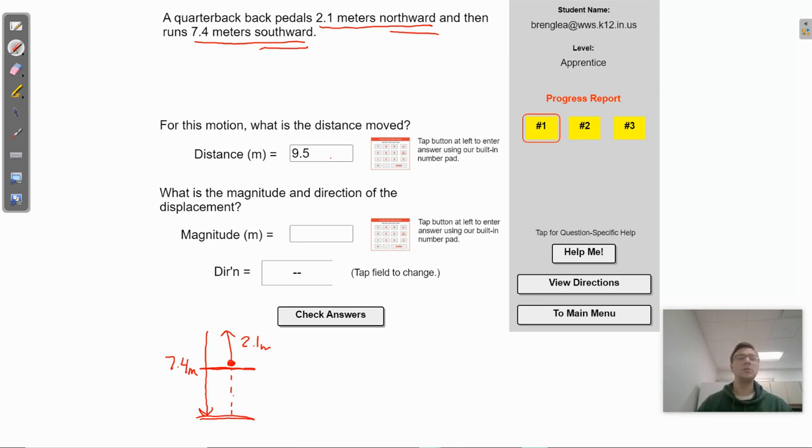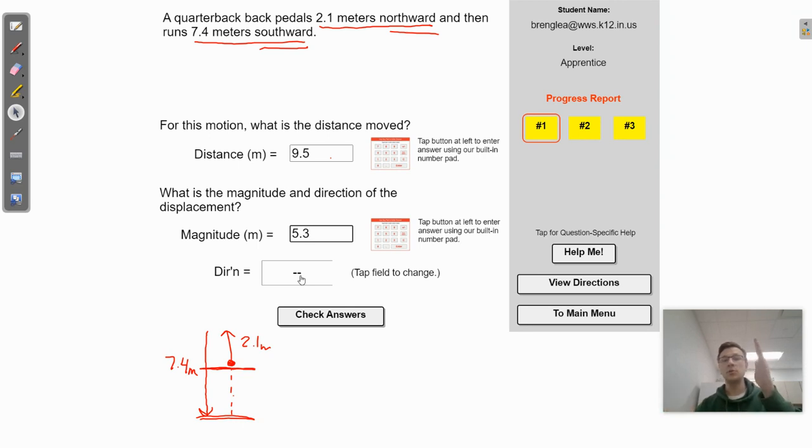So we're going to need to do 7.4 minus 2.1, which is going to give us 5.3. And that's what you're going to put into the magnitude here, 5.3. Magnitude just means how much. And then the direction would be, which direction did the person end up moving net?